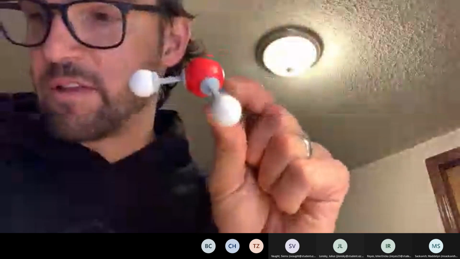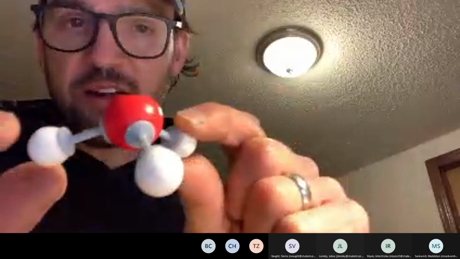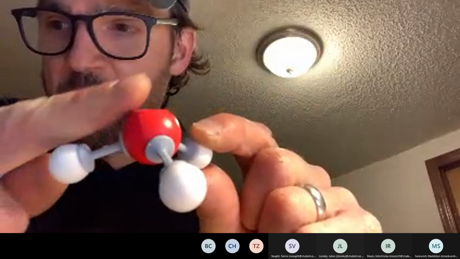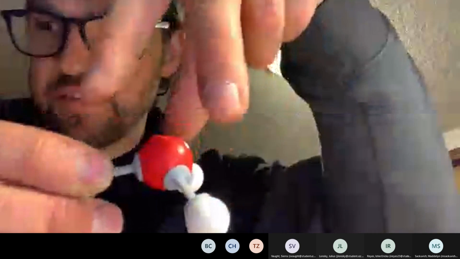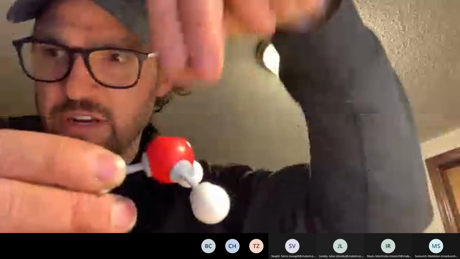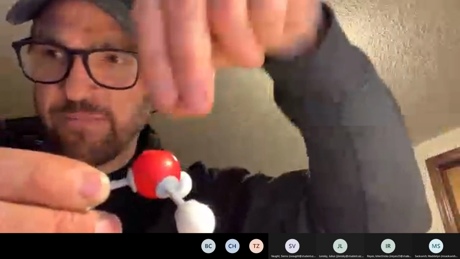Here's a trigonal pyramid. I've left out the lone pair. Okay, I've just taken it out. But look, if I have something going up in this direction, something else going up in this direction, and something else going up in this direction, when the three things collide at the top, boom, they're going to have a resultant net dipole that's going to go up like this. Okay, it's going to be pointing straight up.